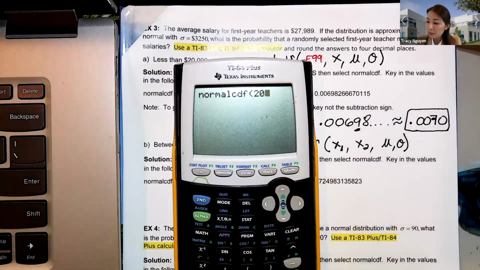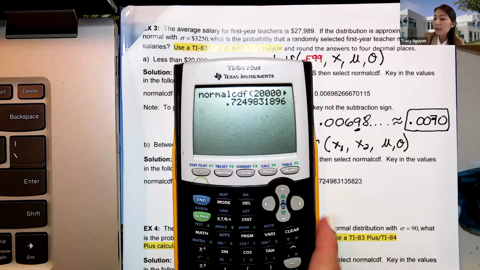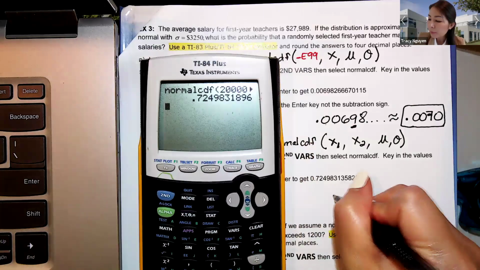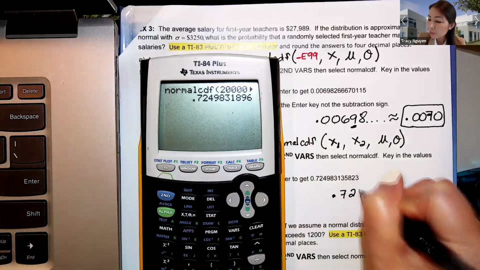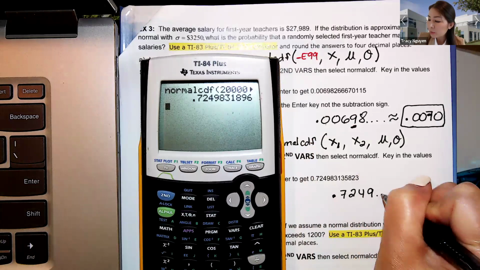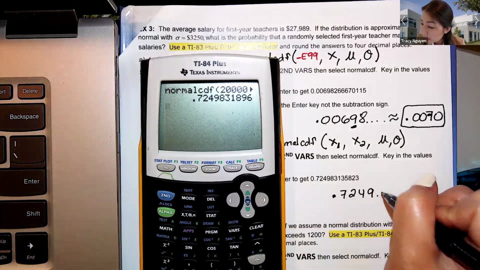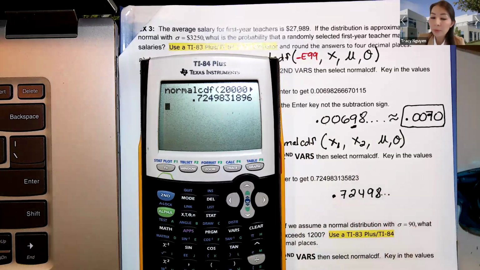Here we're going to key in 20,000, comma, 30,000, comma, 27,989, and mu we have 27,989, sigma 3,250, close parentheses, press enter. So here we get the answer of 0.7249, and more decimal places.